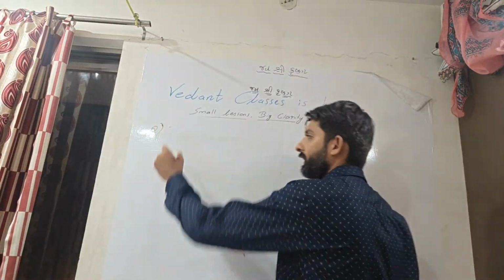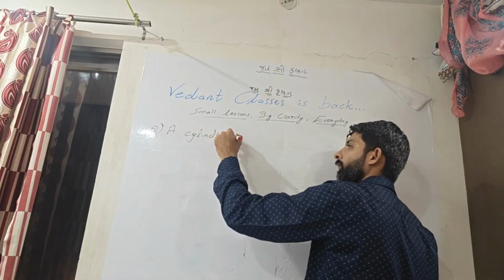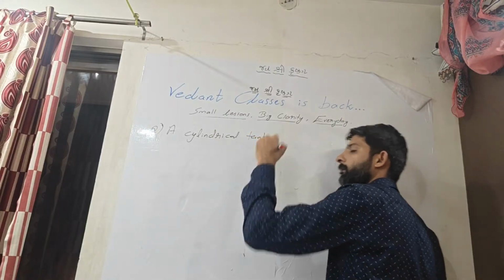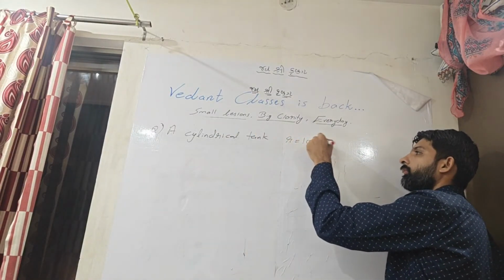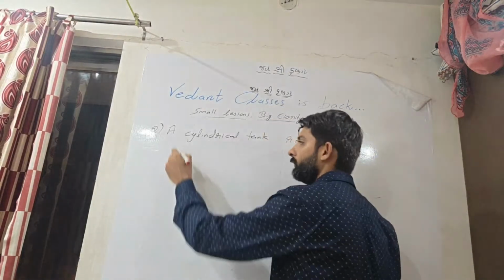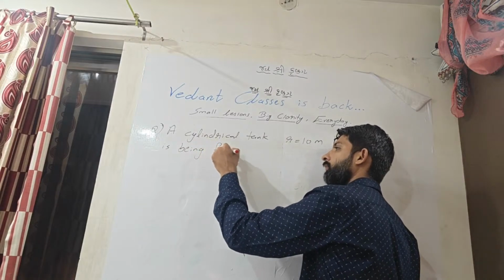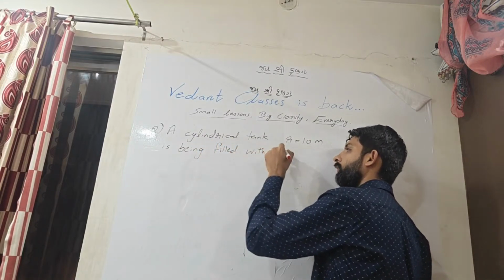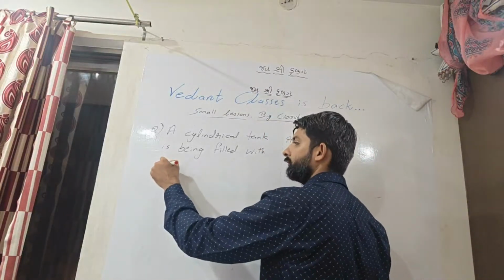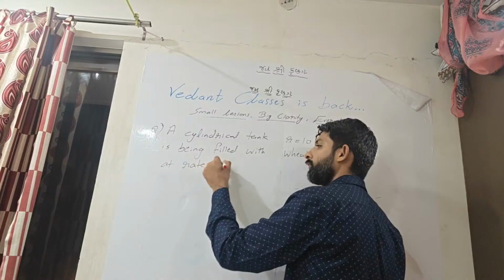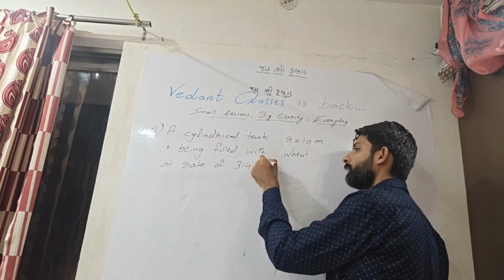A cylindrical tank of radius 10 meters is being filled with wheat at a rate of 314 meter cube per hour.